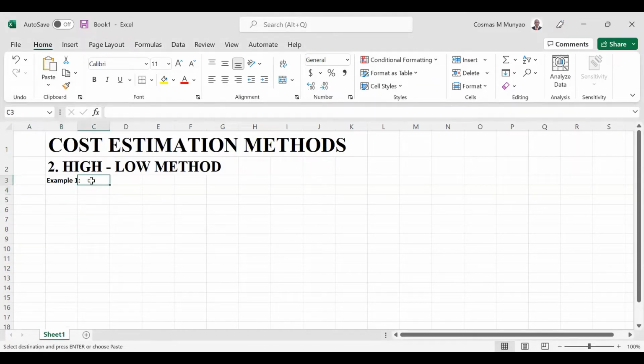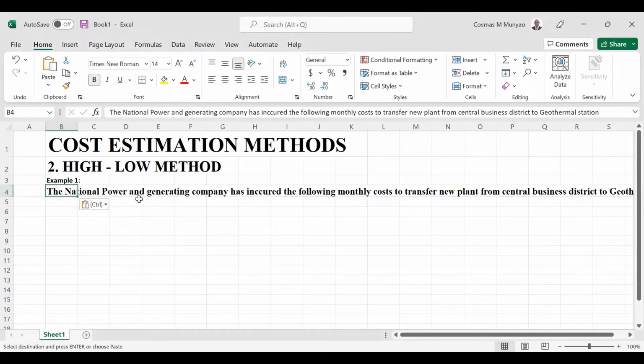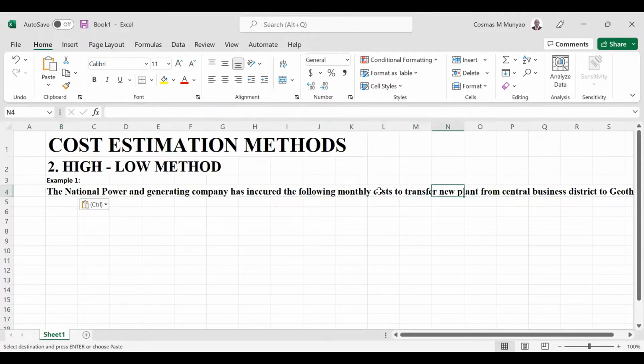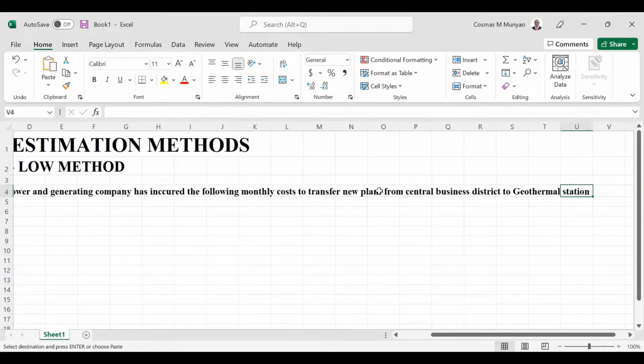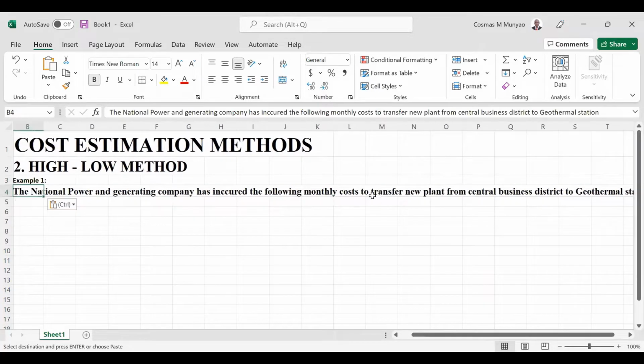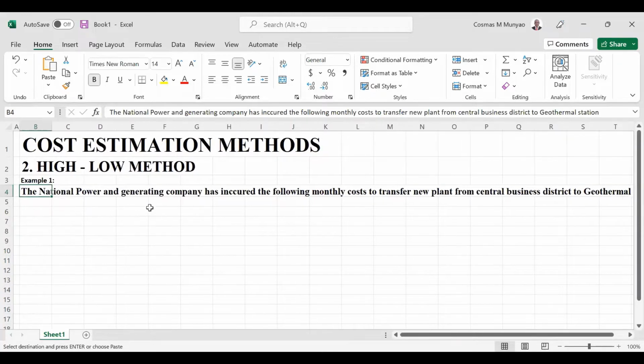The question reads, the National Power and Generating Company has incurred the following monthly costs to transfer new plant from the central business district to the geothermal station. So let me move this to the geothermal station.